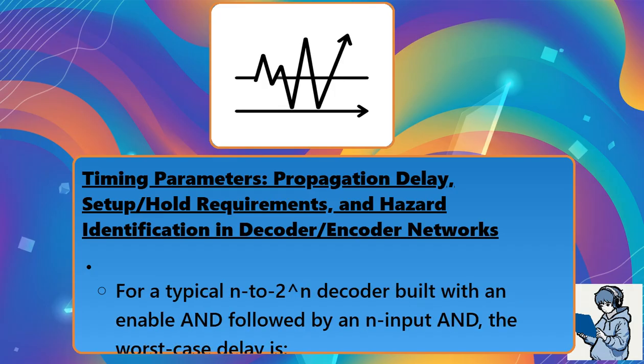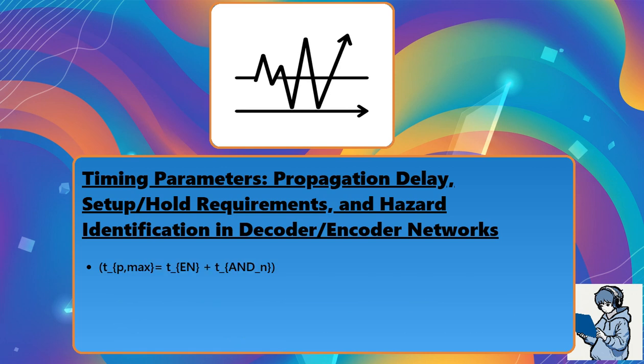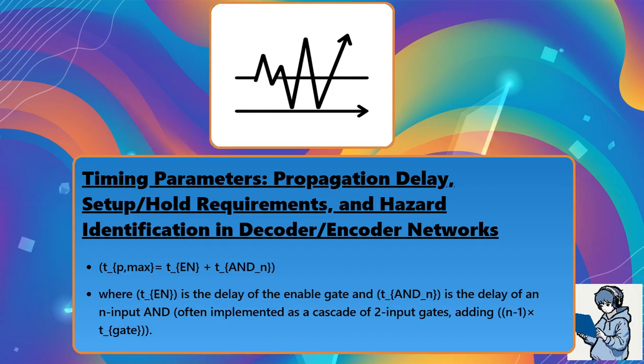For a typical n to 2 to the n decoder built with an enable AND followed by an n-input AND, the worst case delay is T sub p max equals T en plus T AND n, where T en is the delay of the enable gate and T AND n is the delay of an n-input AND, often implemented as a cascade of two-input gates, adding (n minus 1) times T gate.